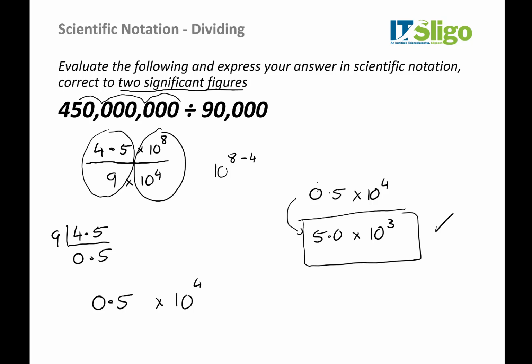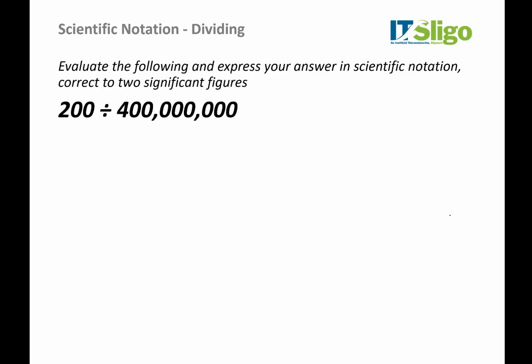We look at another example. $200 divided by 400 million. Looks odd, but in science we would often get these kind of calculations. So on the top, guys, this part, 2 by 10 to the power of 2.